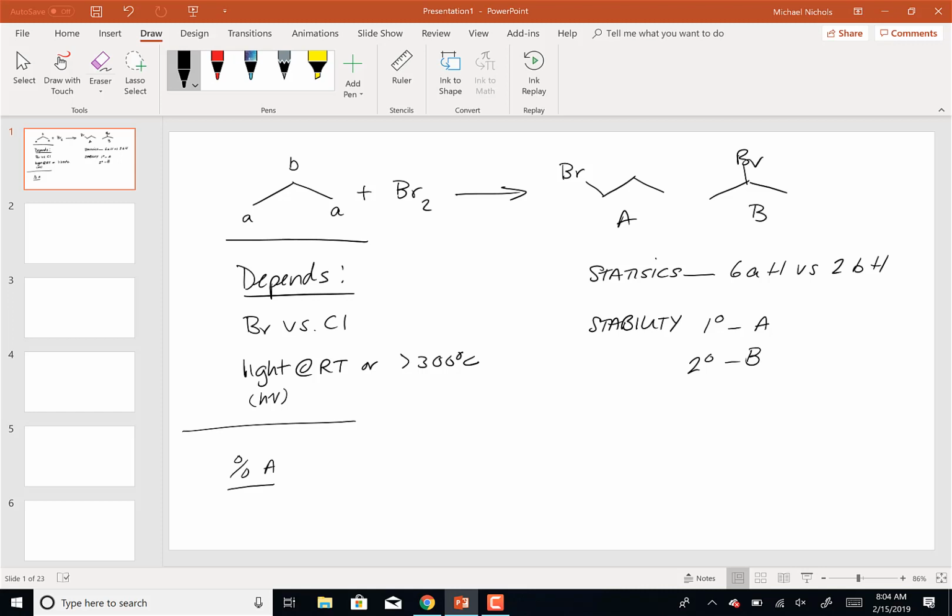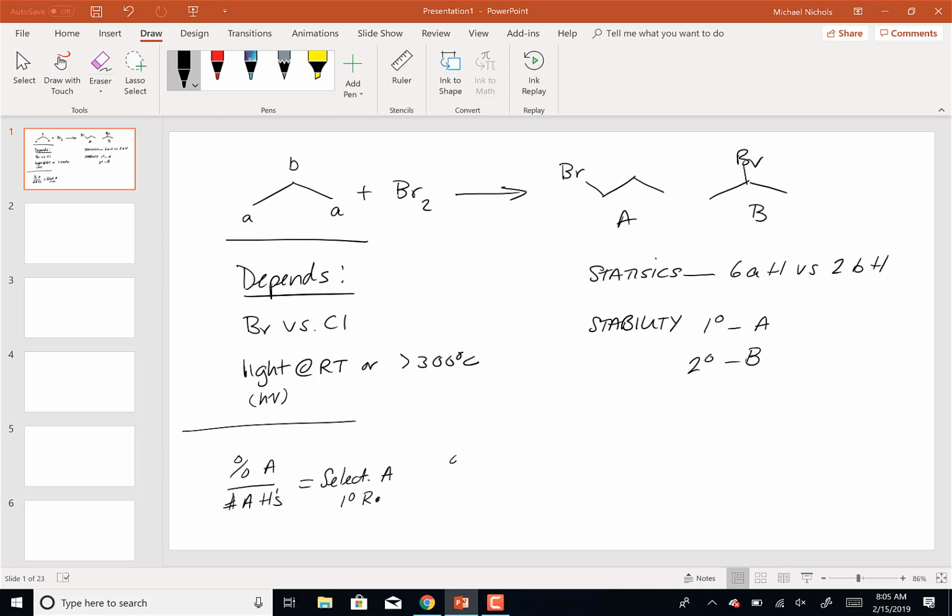So I'm going to divide the percentage of product A by the number of A hydrogens that give me product A. If I do that, I get what's called a selectivity, basically the rate at which I form the primary radical.